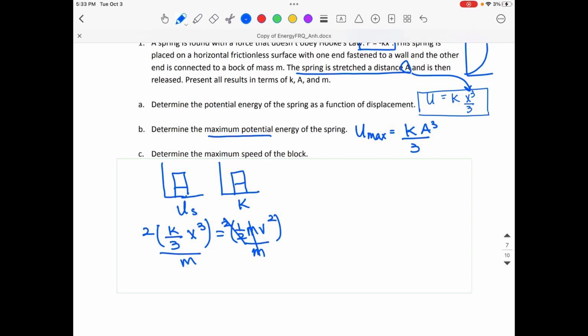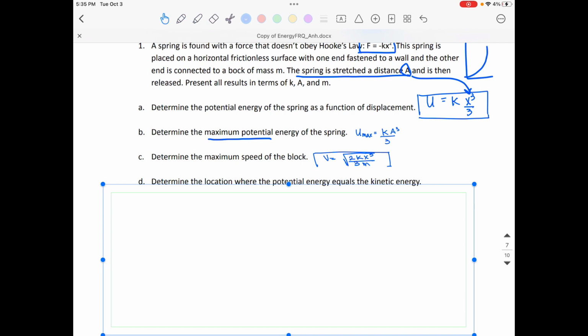I brought this down into the denominator, and I get v squared is equal to 2kA cubed over 3m. Of course, I still have to take the square root, so v is equal to the square root of 2kA cubed over 3m.